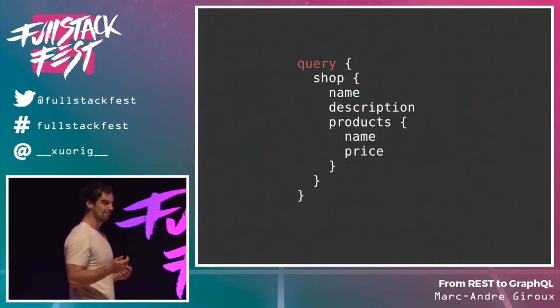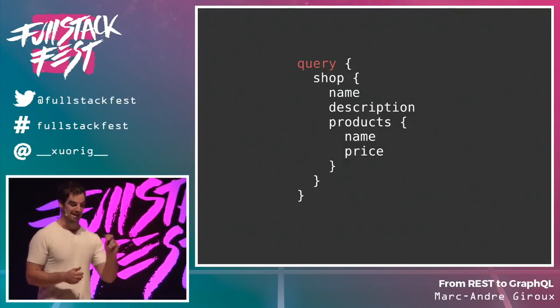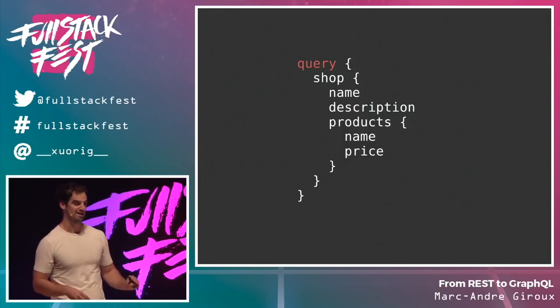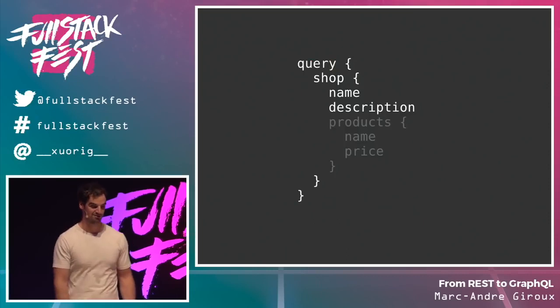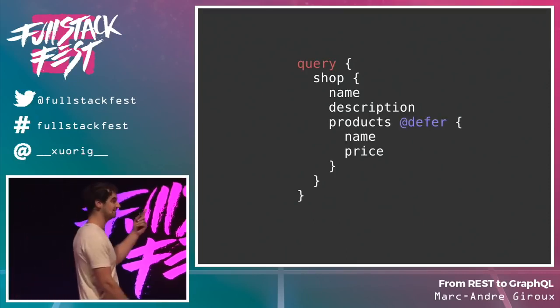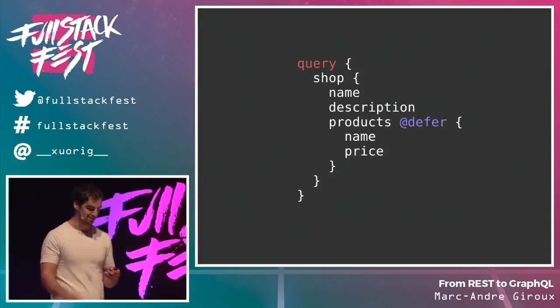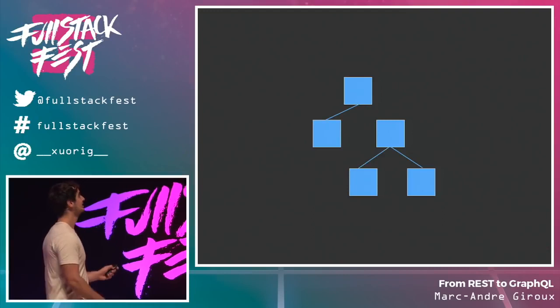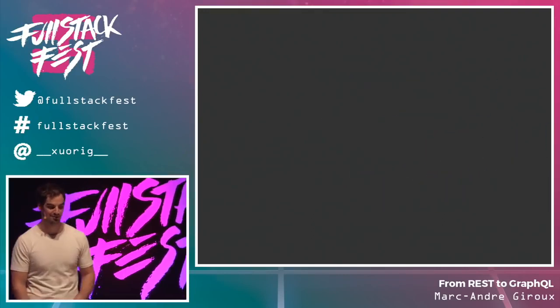So what if, when I query, I could ask the server, send me name and description as soon as you can. If loading the products takes more time, just defer it to later. And we can actually do that with what's called a directive, with the @ sign here. It's telling GraphQL, just split up the query, send me the first part that I really need, and send me the other part later.